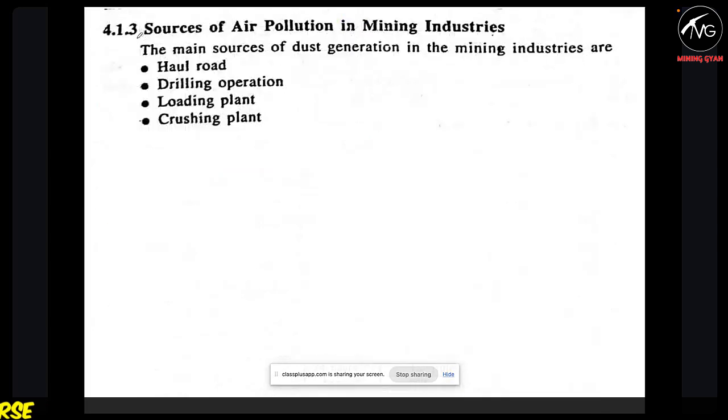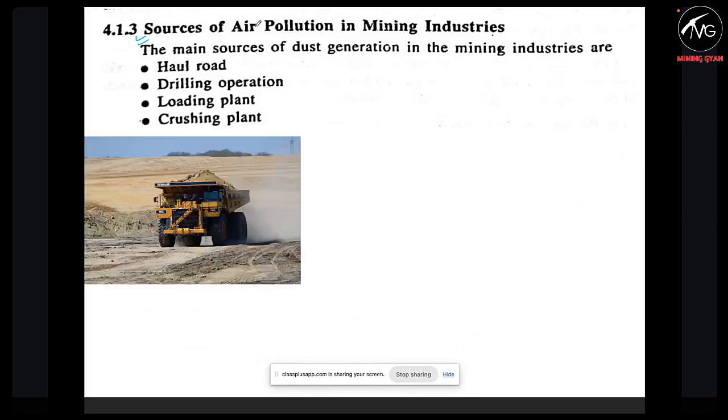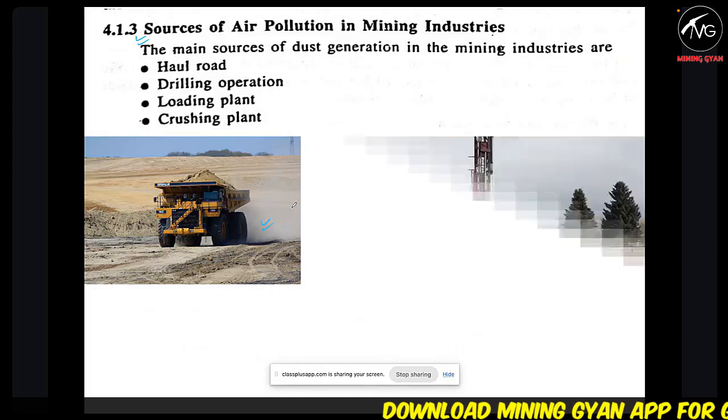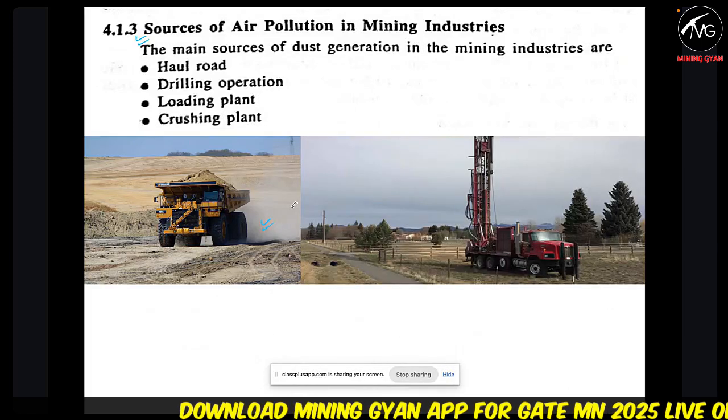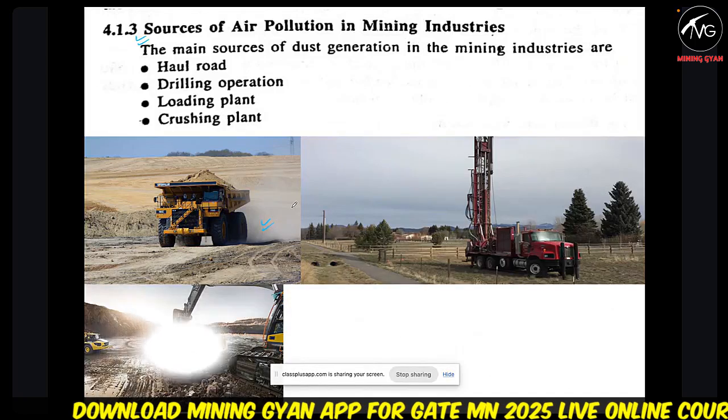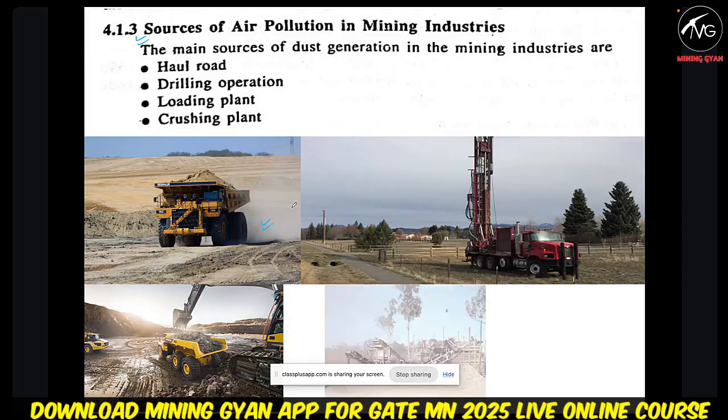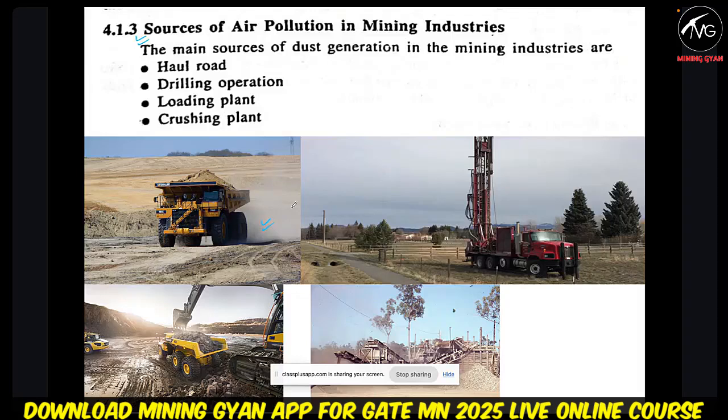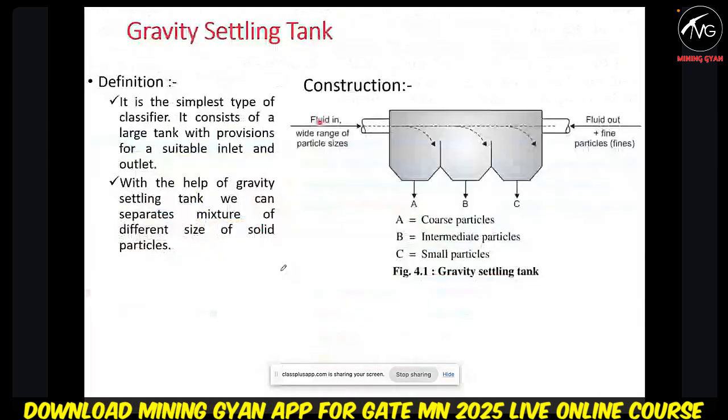So then we had seen the haul road, drilling operation, loading plant, crushing plant. Like this is the dumper running on the haul road, so it will also generate the dust. Then we have seen the drilling operations and loading plant or loading points. So loading plant is CHP, crushing point, and loading points where you load your dumpers.